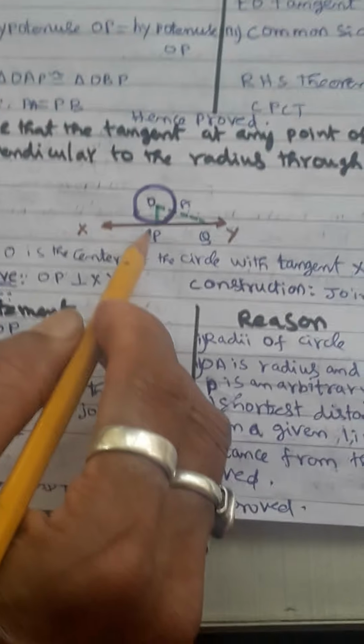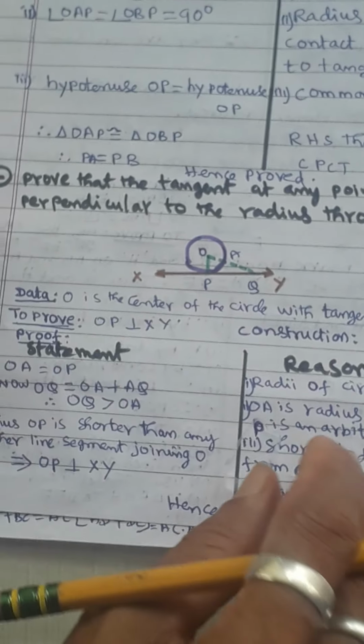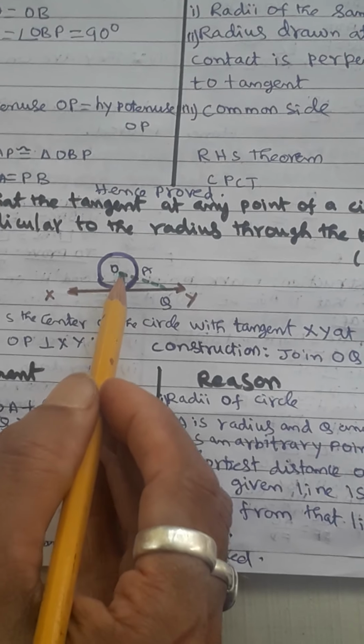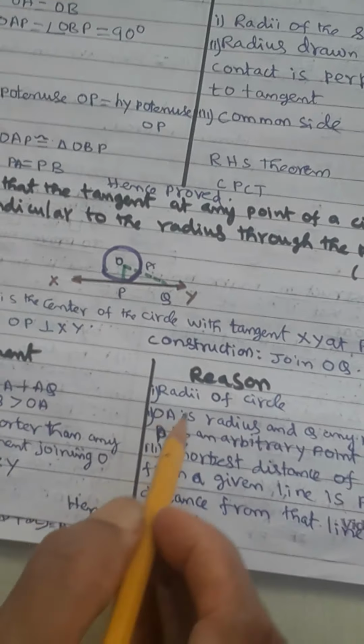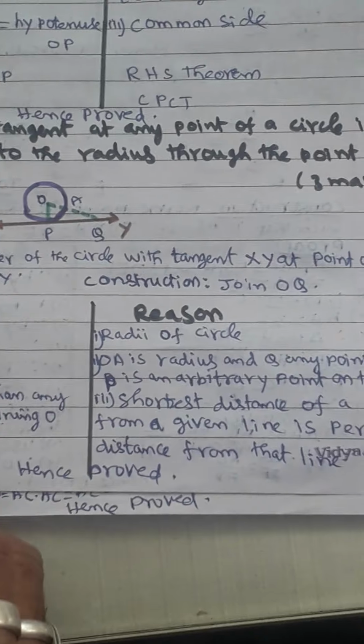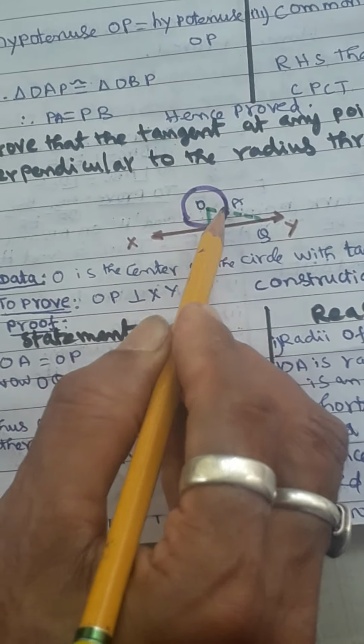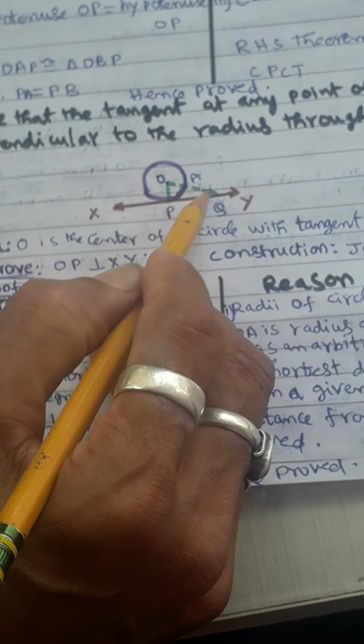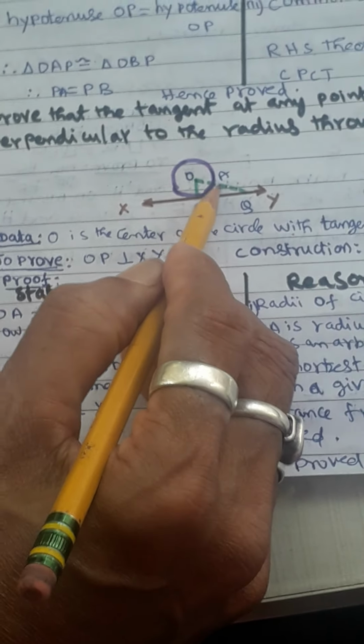We already know that OP is equal to OA because both are radii of the circle, OP is a radius and OA is also a radius. Radii is the plural form. Then OQ is nothing but OA plus AQ, because we extended OQ, so radius plus the extra line segment.